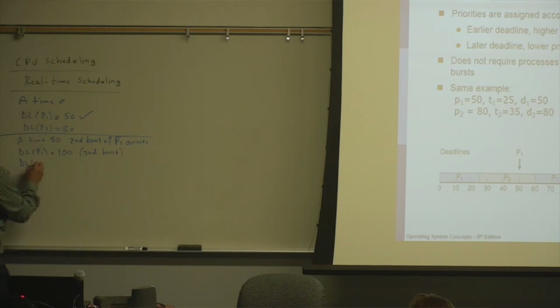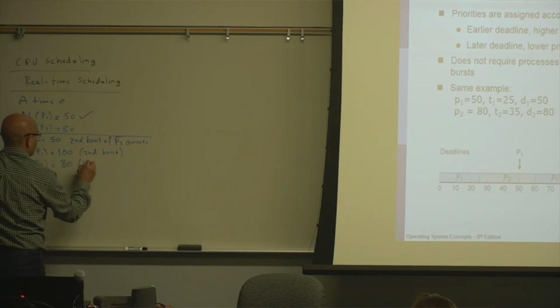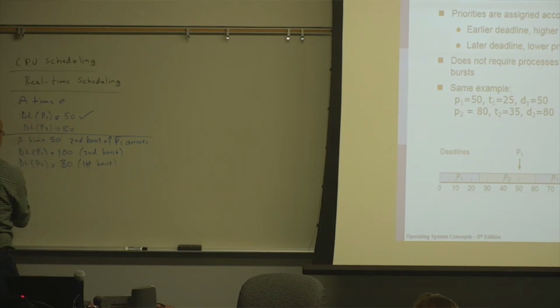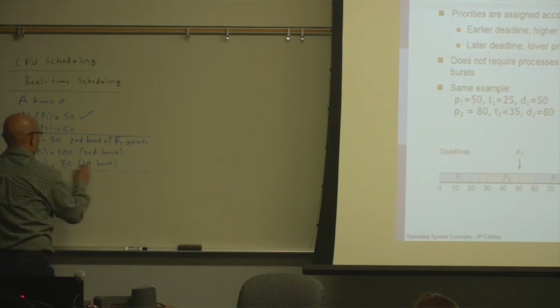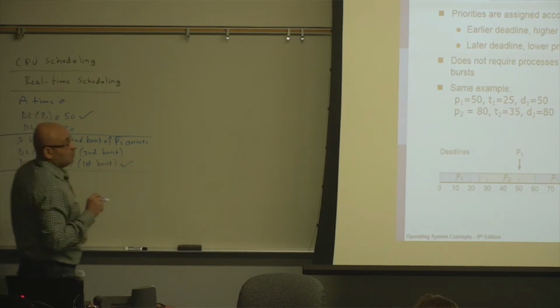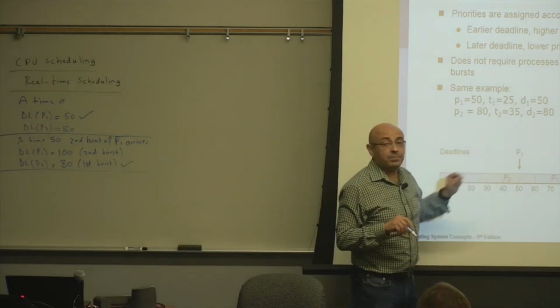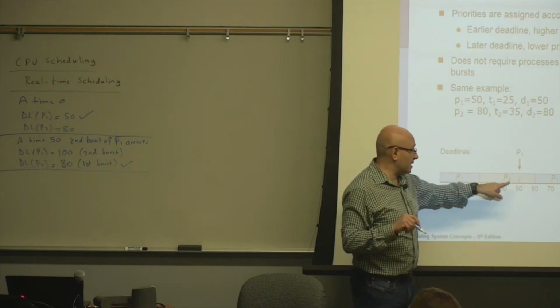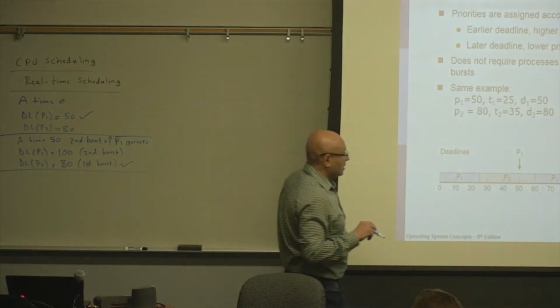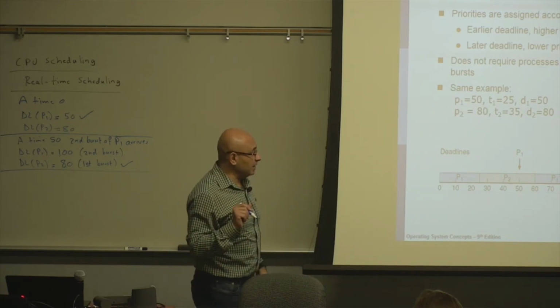And the deadline of P2 is 80. Still 80 because we're still in the first burst. And with these deadlines, P2 wins. So P2 in this case will not get preempted. P2 is going to keep the CPU. At time 60, P2 will be done.